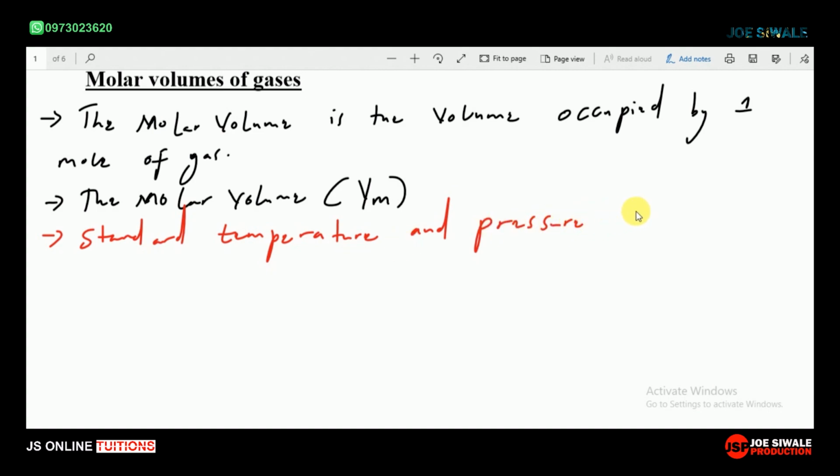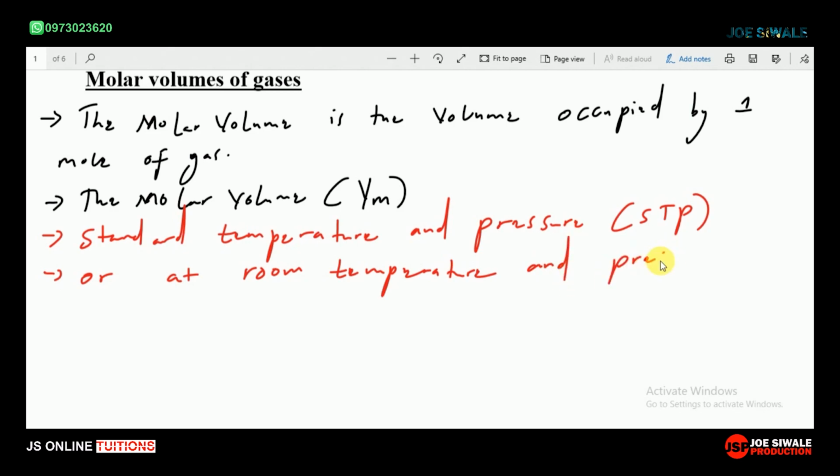Standard temperature and pressure is represented by STP, or at room temperature and pressure, and that is represented as RTP.